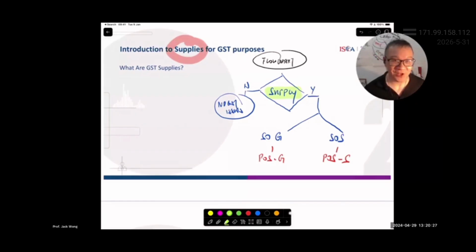You may think that every business transaction is actually a supply, because if you think about generic terms, it is actually about transferring goods or services from your company in exchange of consideration for money, or in some cases it could be a barter trade.